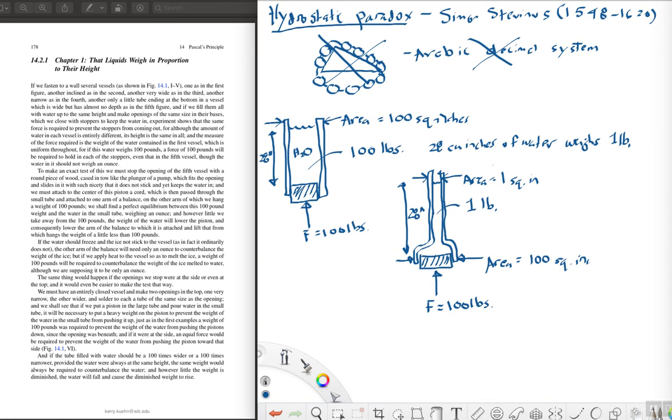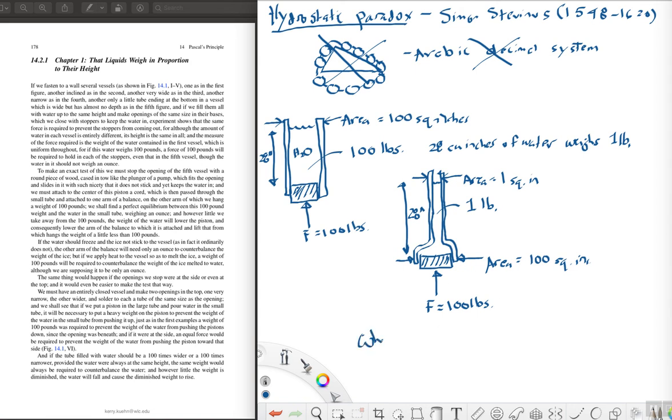In other words, if the depth of the fluid is the same in this narrow column and the wide column, and we have the plug that has a cross-sectional area of 100 square inches here and 100 square inches over here, then it's going to take the exact same force to support the water in both columns. This is the hydrostatic paradox.